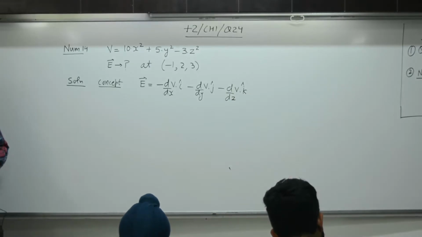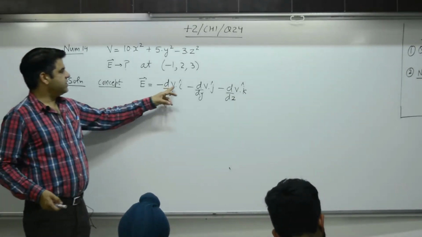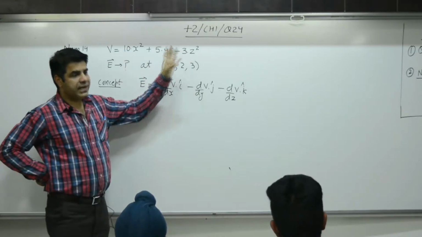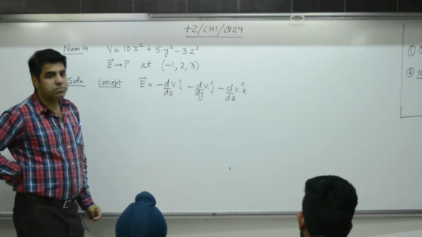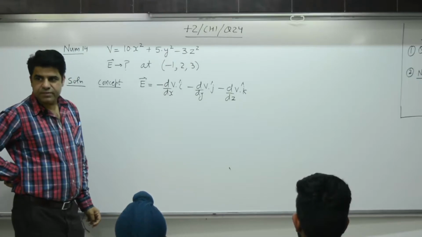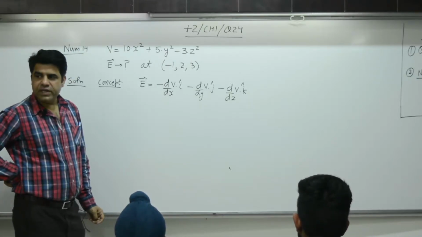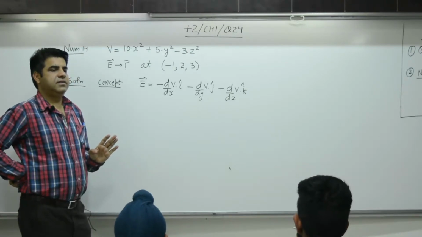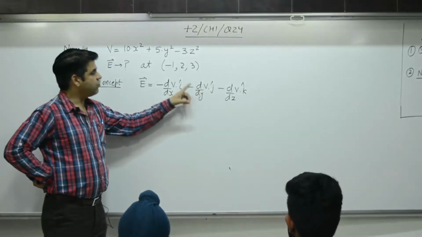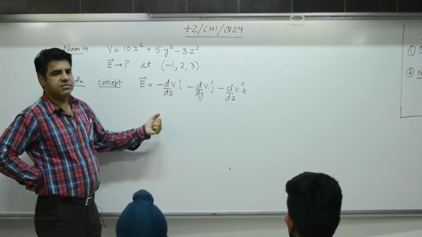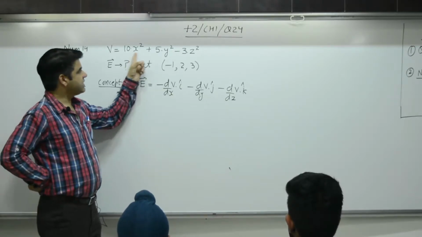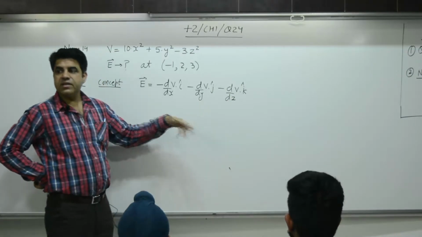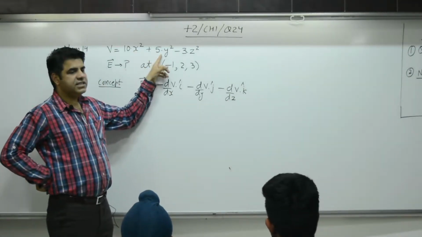The doubt is, how do you differentiate V with respect to x? When you differentiate V with respect to x, assume y and z to be constant. When you differentiate V with respect to y, then assume x and z to be constant. When you differentiate V with respect to z, then take x and y as constant.